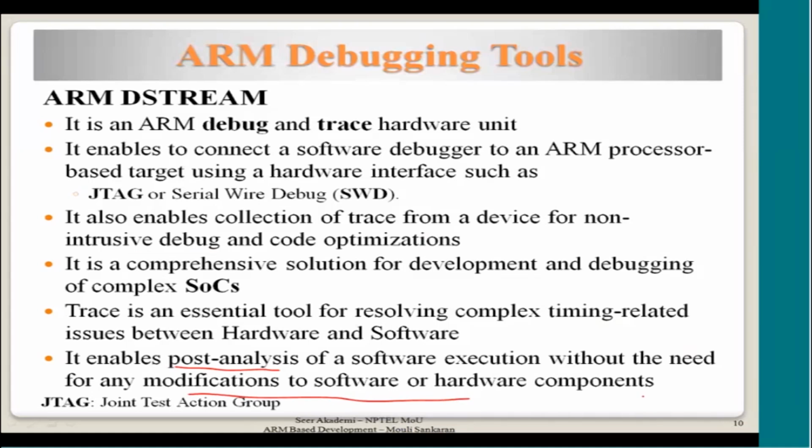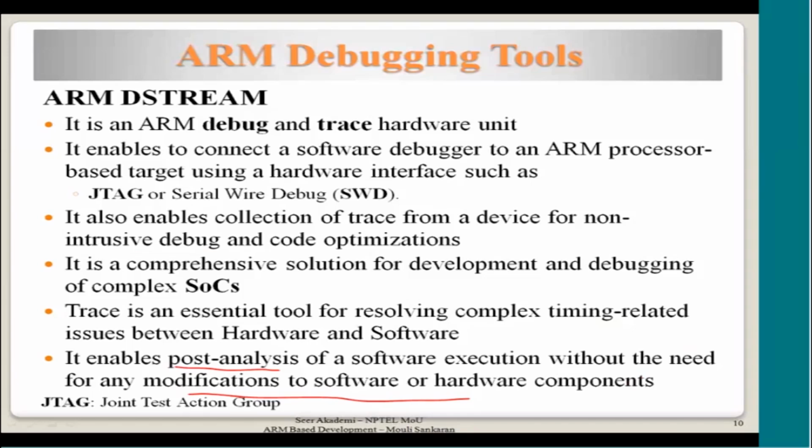It enables post analysis of software execution without the need for any modification to the software or hardware component. In most real time scenarios, we do not want to tweak the code, in the sense of adding more elements or modifying the final product software which is going to be running in the hardware, and then debug it. We want to debug the exact hardware which is going to be in the system.